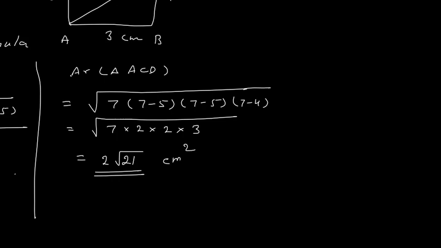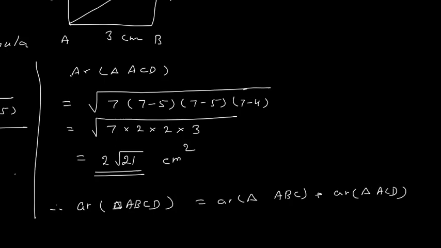So therefore area of quadrilateral ABCD is equal to area of triangle ABC plus area of triangle ACD. So area of triangle ABC we have got 6 and here we have got 2 root 21.